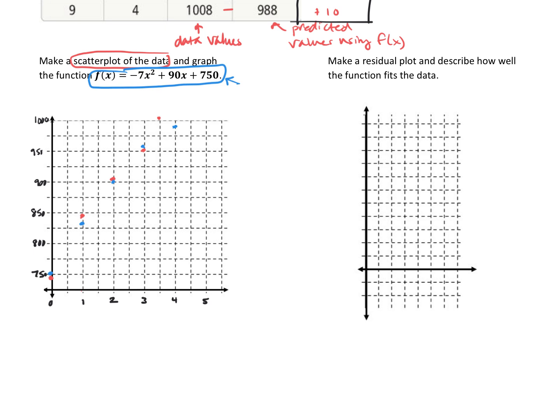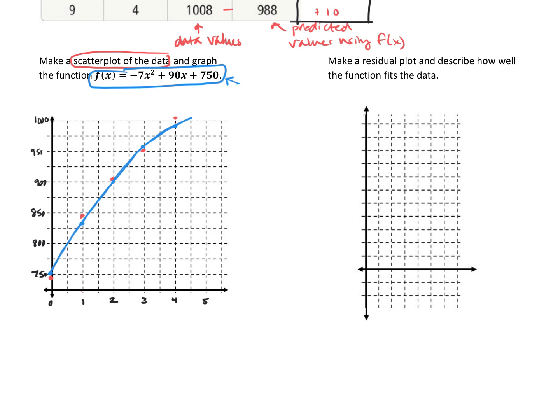And I'm noticing right now that this red dot is in the wrong spot. It should have been over at 4. So I'm going to fix that real quick. These points are all kind of close together, but I am going to go ahead and sketch in the function going through the blue points. We can see there's just a little bit of a curve to what that looks like.